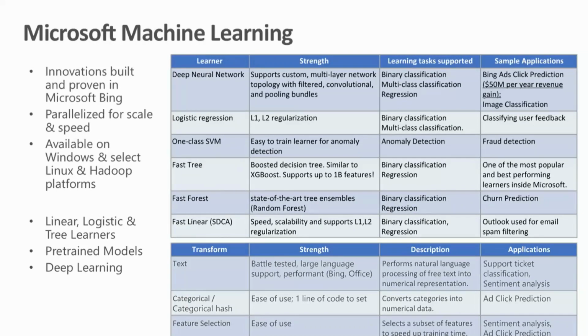What they've done is taken these algorithms that have been battle tested and are very, very high performing and put them into the Microsoft ML package in Microsoft R. So if you're familiar with XGBoost, in our server we've got a boosted tree algorithm called FastTree that actually outperforms XGBoost.